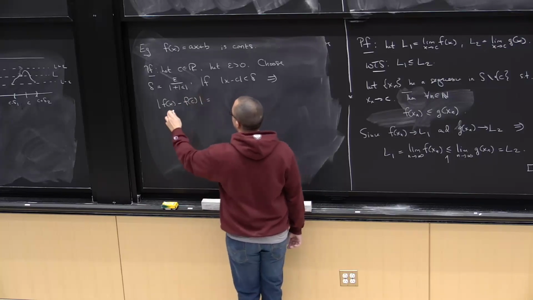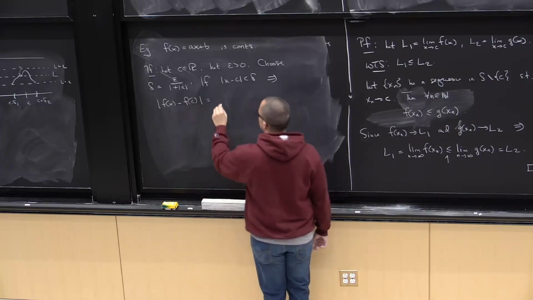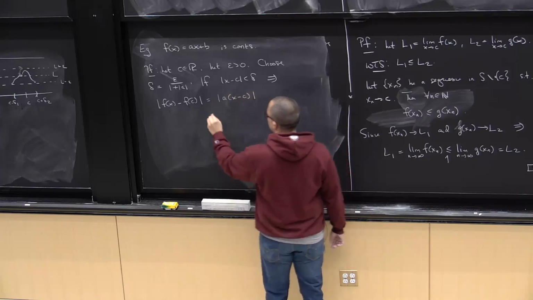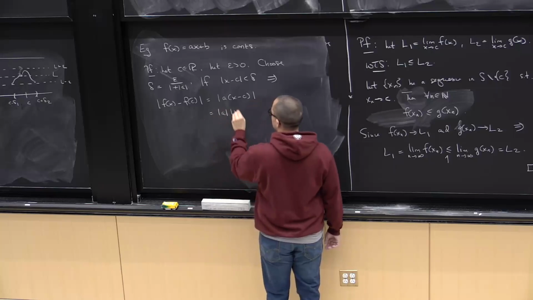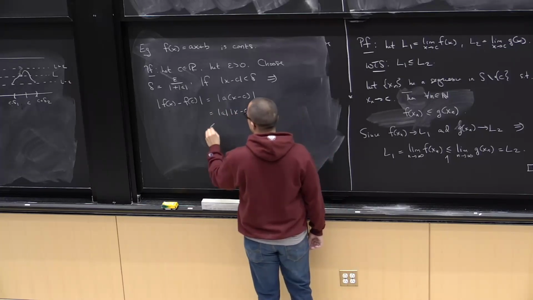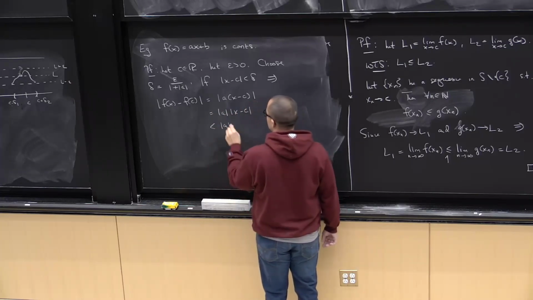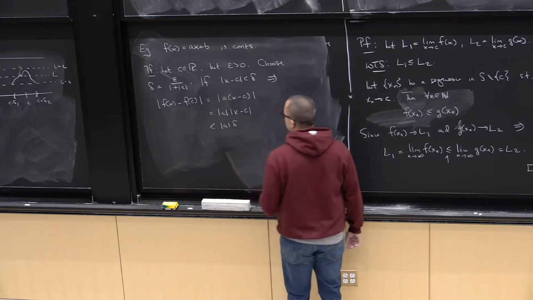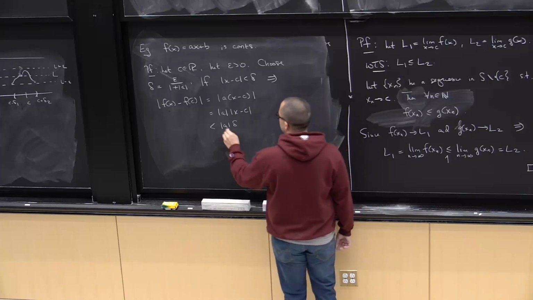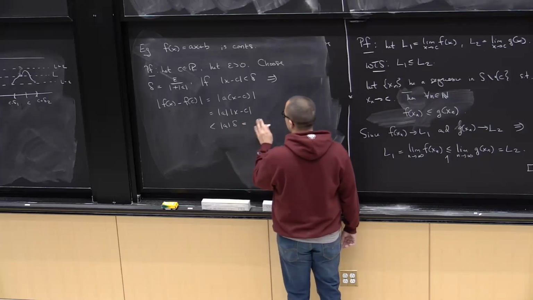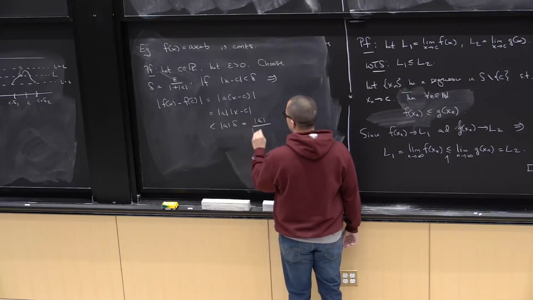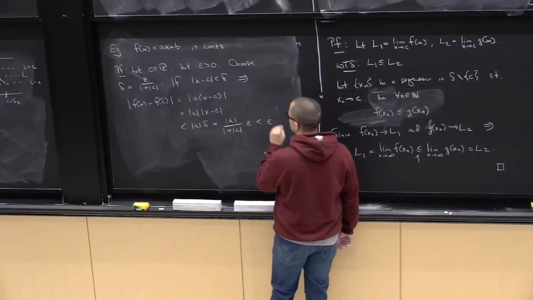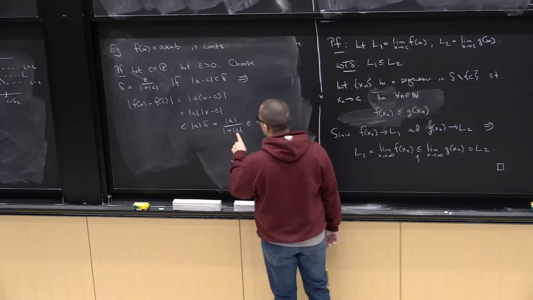This is equal to |(ax + b) - (ac + b)|, which is |a(x - c)|, which equals |a| times |x - c|. This is less than delta times |a|, which equals |a| over 1 plus |a|, times epsilon, which is less than epsilon. Okay?